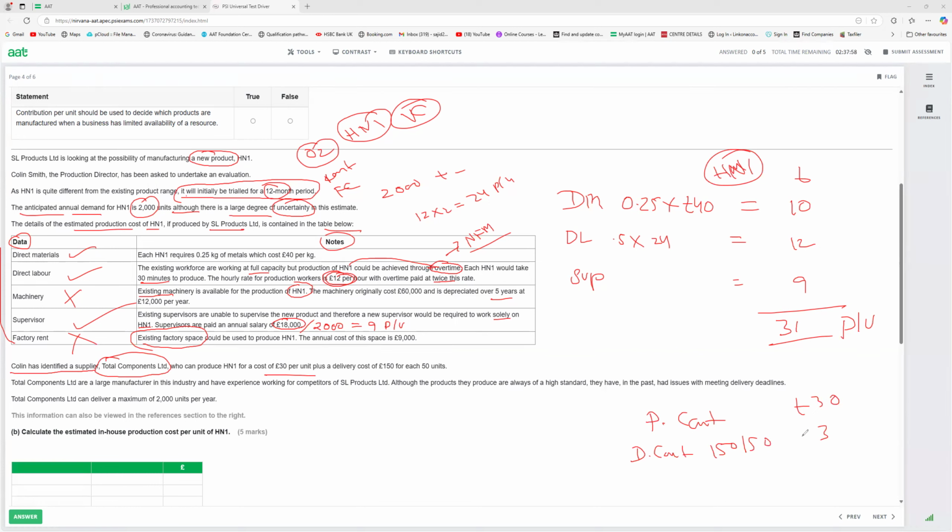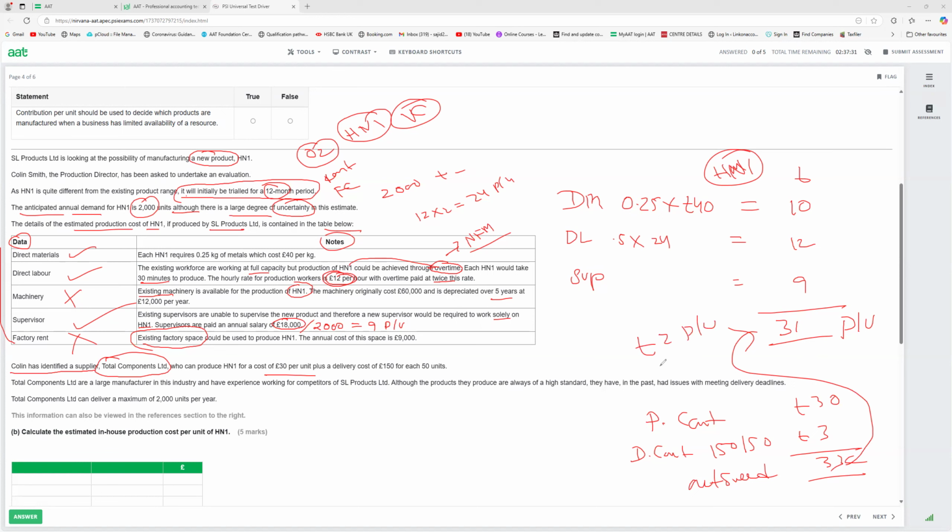So how much is it in total? 33. So 33 will be the outsourced cost. If I don't make it myself and buy it from outside, it will cost me 33. If I make it myself it is 31, so you can see the difference. 31 and 33, the difference is 2 pounds per unit.